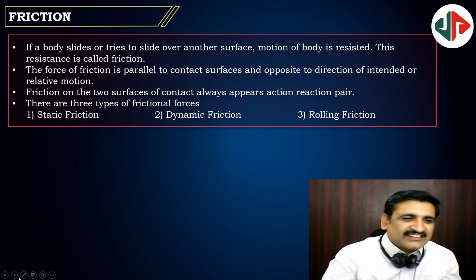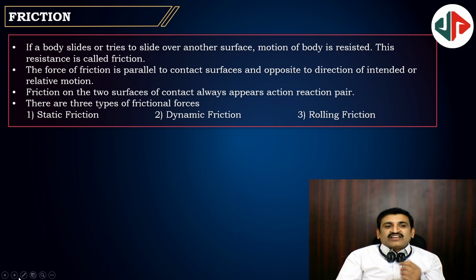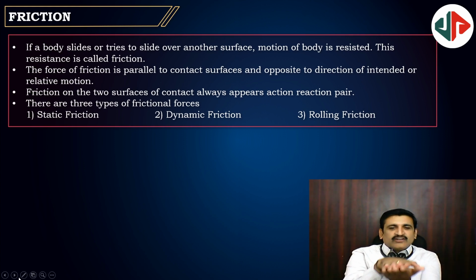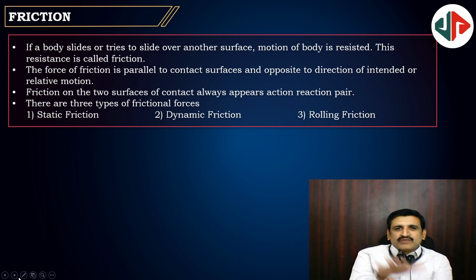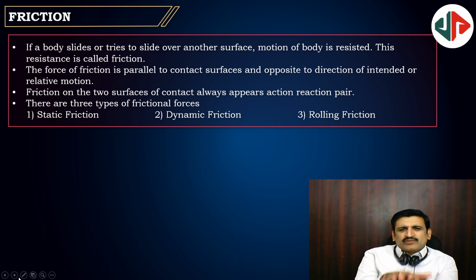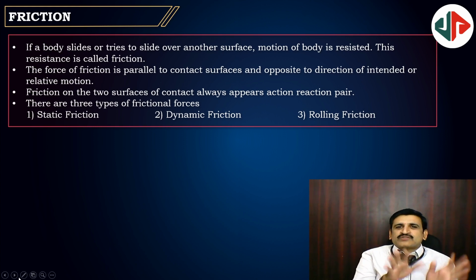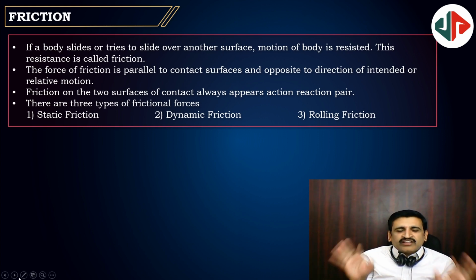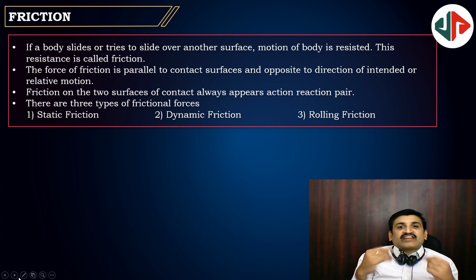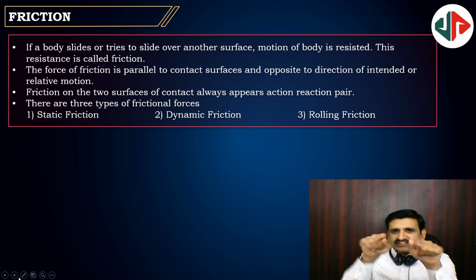Like that. Whenever there is a tendency of motion relative to one another between surfaces in contact, then only friction comes to act. Otherwise, no friction. A lorry is on a road, there is no friction between the road and the lorry. If it tries to move or is moving, then friction comes to act.